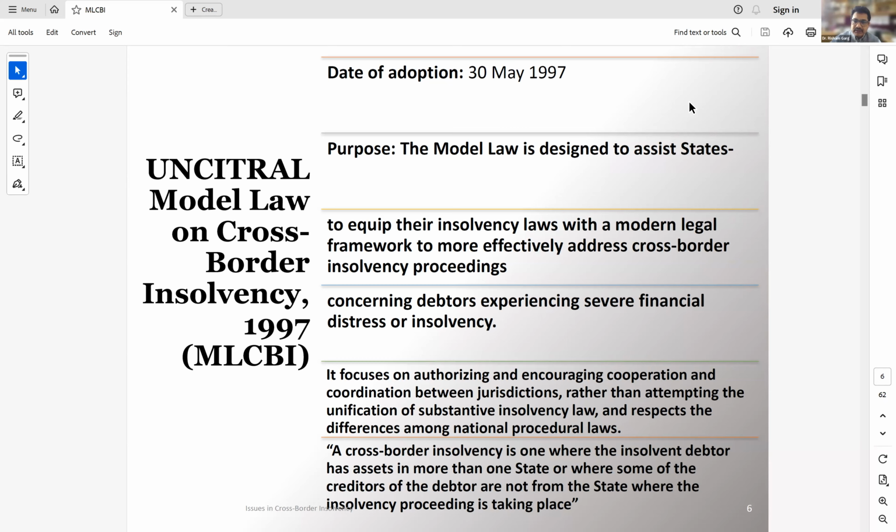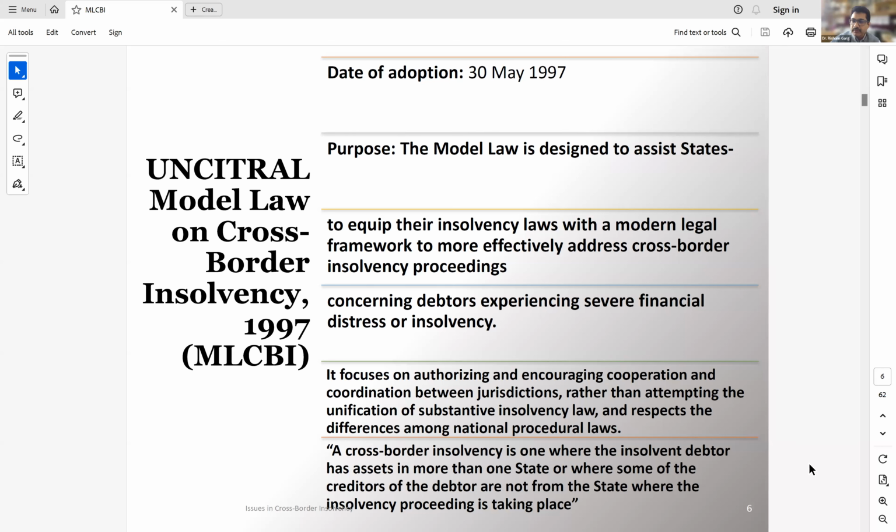And this concerns debtors experiencing severe financial distress or insolvency. Then the focus is on authorizing and encouraging cooperation and coordination between jurisdictions rather than attempting unification of the substantive insolvency law, and respects the differences amongst the national procedural law.